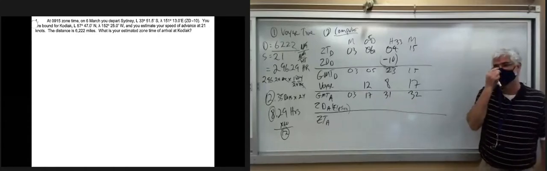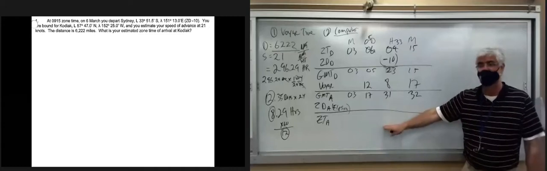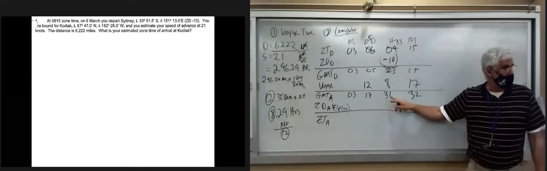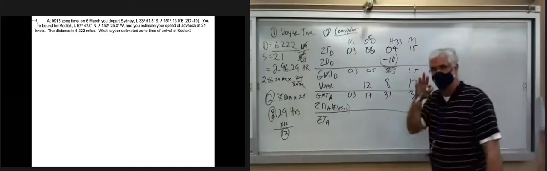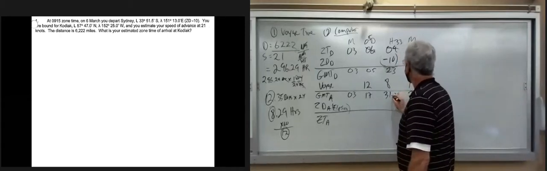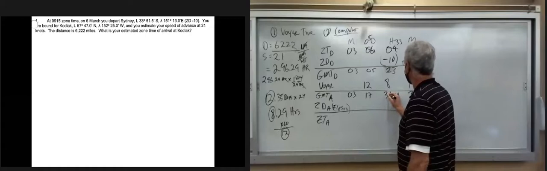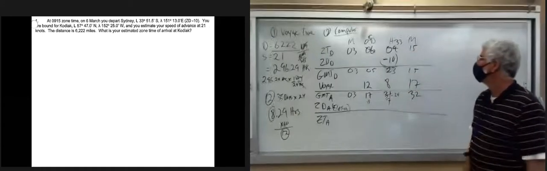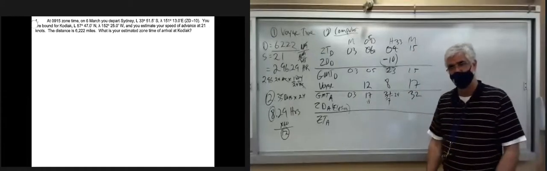So I would suggest that we just leave it funky now and at the very end, we fix it all. If I subtract 24 from here, that becomes 7, and this becomes 18.